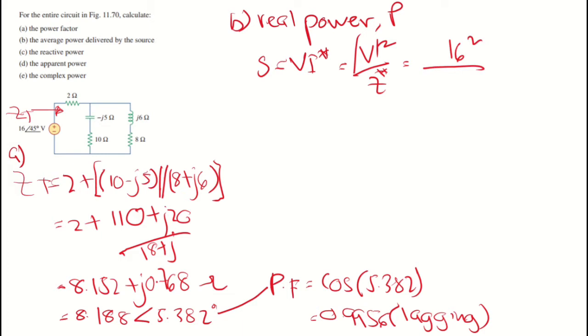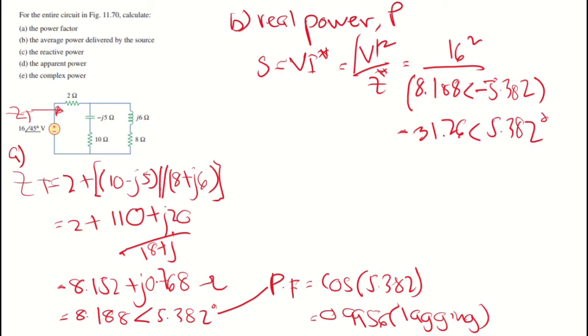And for Z we refer to this part here, because it's a conjugate, the angle will be negative: 8.188 angle negative 5.382. So from this value you will get 31.26 angle 5.382 degrees.